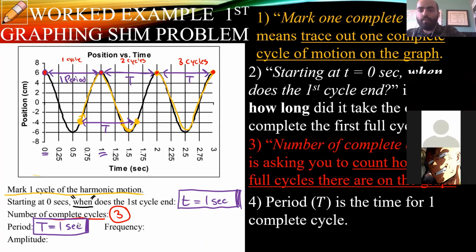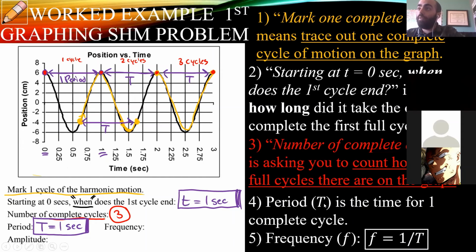But yeah, once you find the period, like I was saying a second ago, there's 2 ways you can find the frequency. The way it's defined is the number of complete cycles in 1 second. So if you can count how many cycles there are in 1 second, that's one way you could answer it. And on this graph, it's really easy because we complete 1 cycle in 1 second, which means the frequency is 1 hertz.